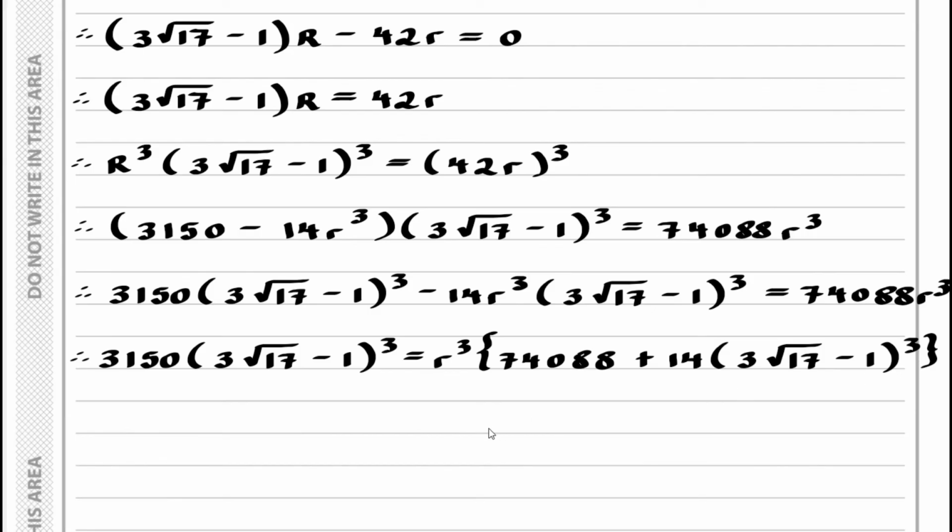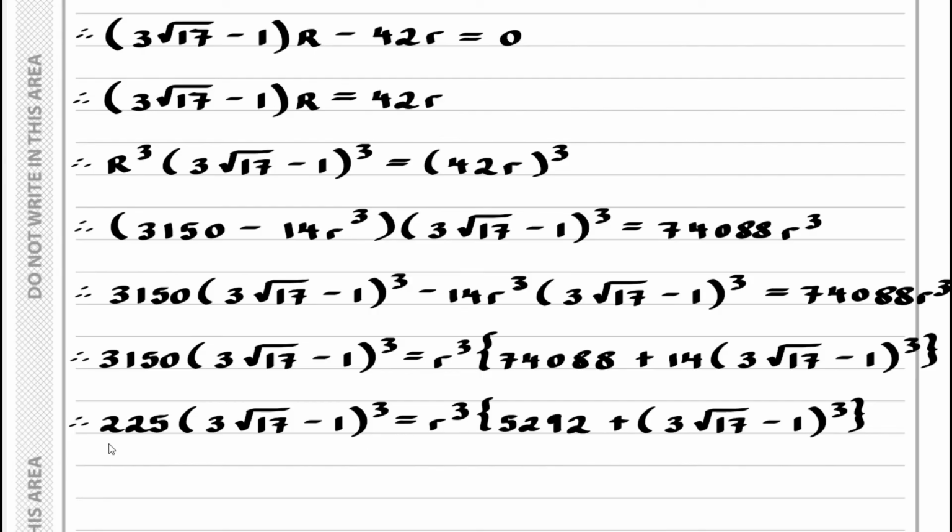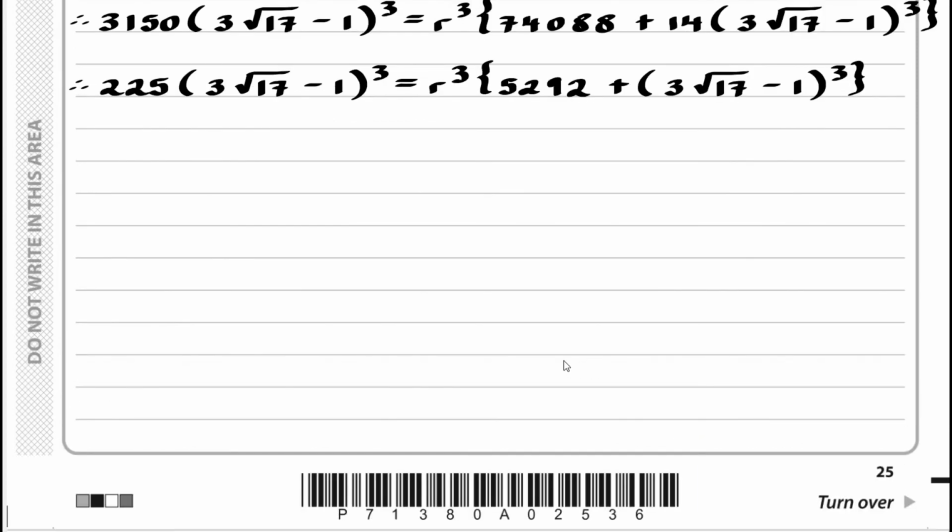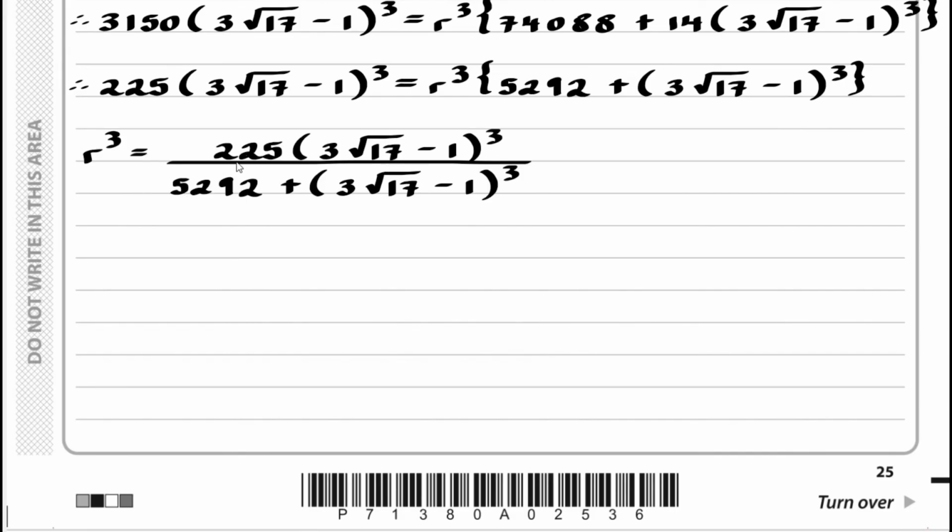And if we simplify even further, we end up with 225 multiplied by (3 root 17 subtract 1) cubed equals r cubed multiplied by [5,292 plus (3 root 17 subtract 1) cubed]. So r cubed is equal to 225 (3 root 17 subtract 1) cubed over 5,292 plus (3 root 17 subtract 1) cubed.